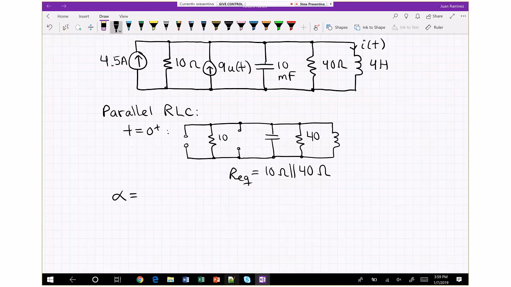Alpha, damping factor. Because it's a parallel RLC, we do 1 over 2 times the equivalent resistance, which we never actually wrote down. That comes out to 8 ohms. So 1 over 2 times R times C, 10 millifarad. That comes out to 6.25.